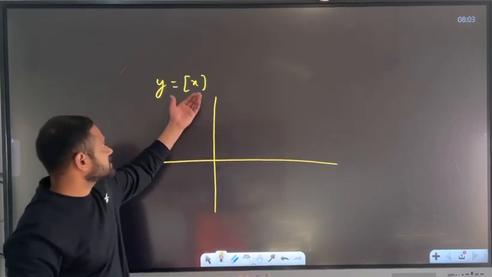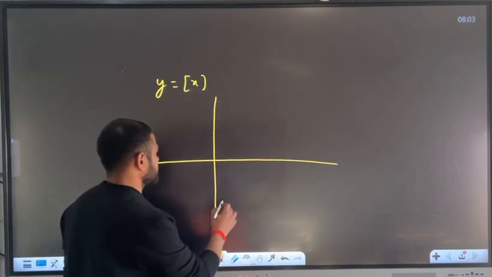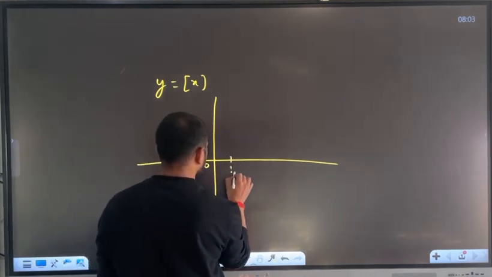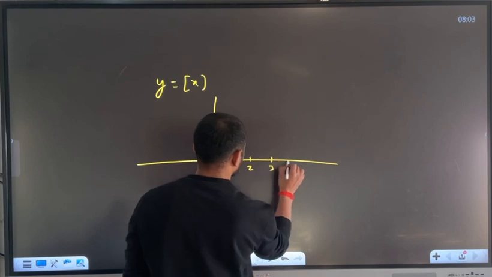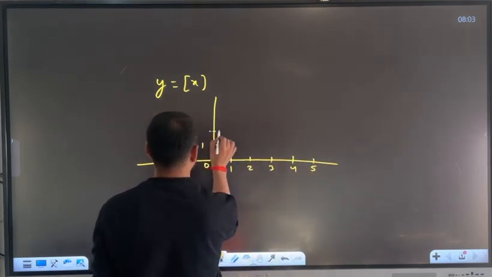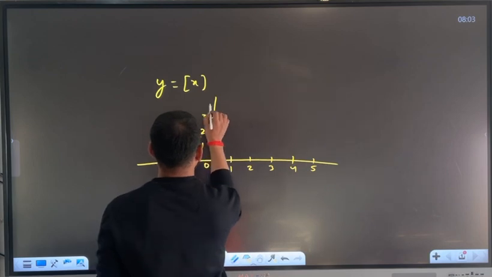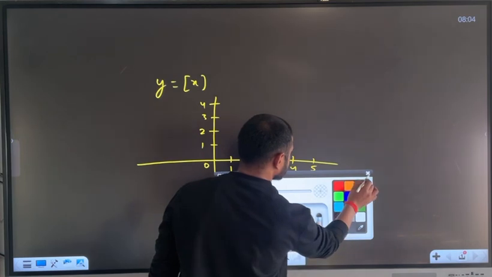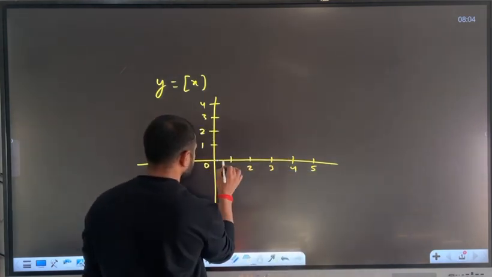The range of this function is integer. Okay, so let us draw its graph. 0, 1, 2, 3, 4, 5, and here also we will mark it 1, 2, 3, 4. So if you draw the graph of the function, it will be like this.